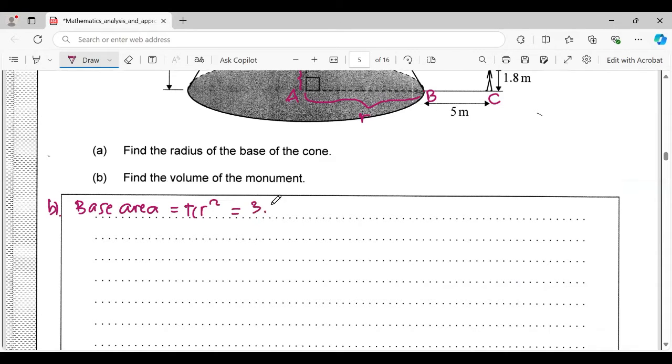It means 3.14 times 6.3726 squared. And if you calculate, the result is 127.5163 m squared.